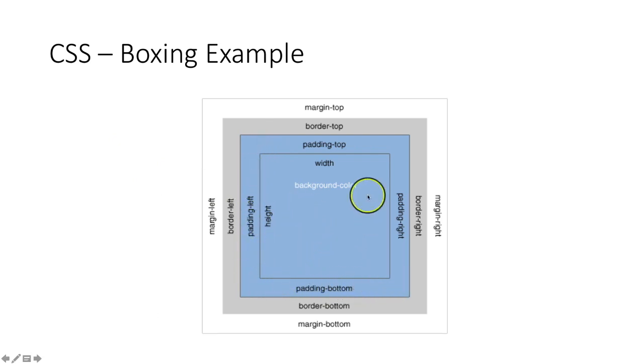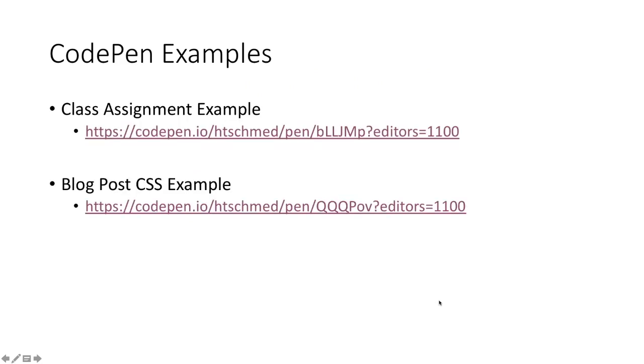So when you're looking at this, you see the width, the height, how much padding you have, and you can specify padding left, padding right, the border that you have, and the thickness of the border, and then the margin, which is essentially the outside padding of the element itself.